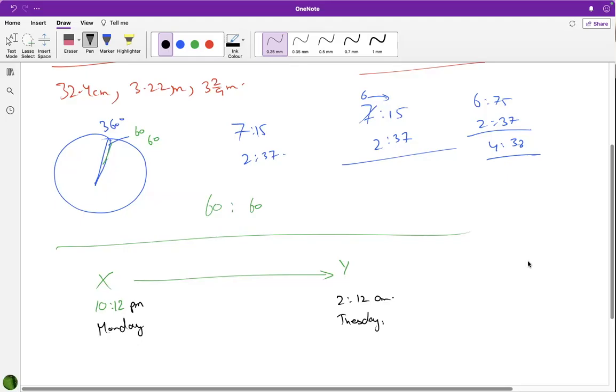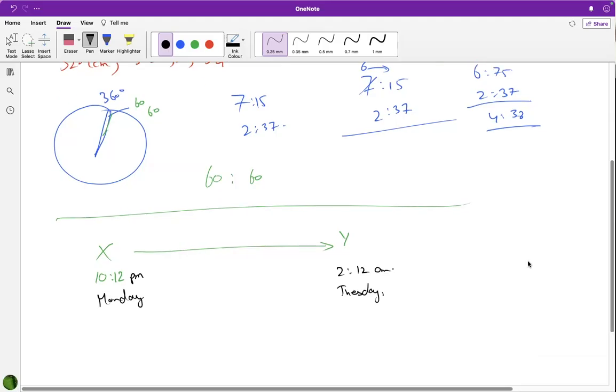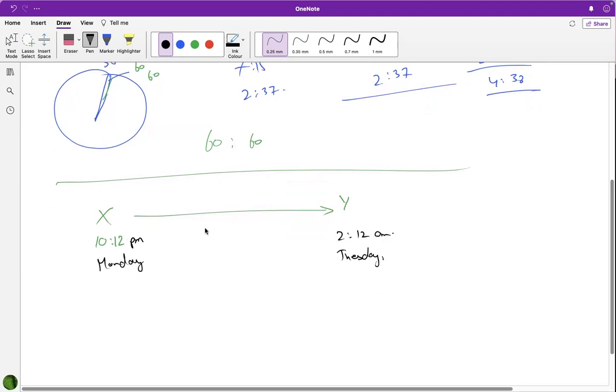Oh, so it's another 24 hours though. So we have to convert that into military time, right? We can do it in the same way. This is 10:12 p.m. When the time is passing, it passes through this 12, right?